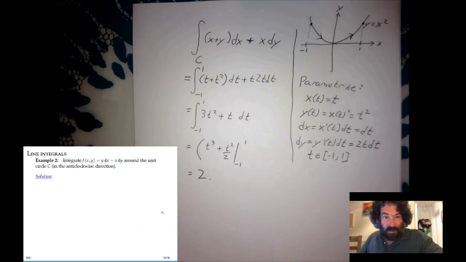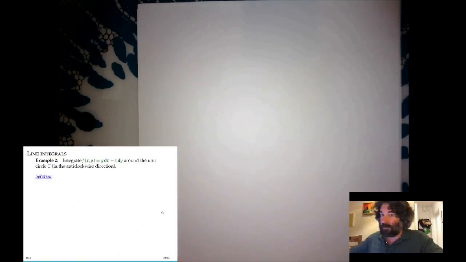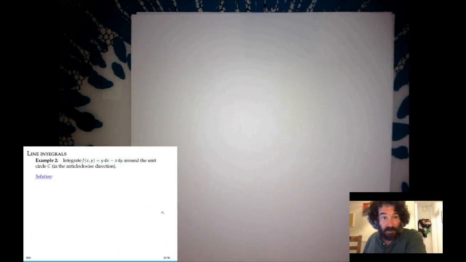I'm going to do another example with a slightly more complicated curve that we parameterize. The curve in this case will be the unit circle, as you can see. We're going to integrate this differential form over the unit circle, and we have to say which direction we go around the unit circle, because when we do a line integral, the orientation of the curve makes a difference.